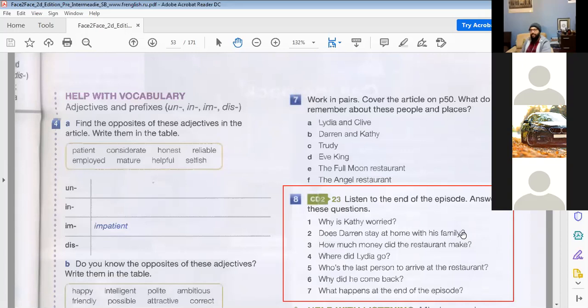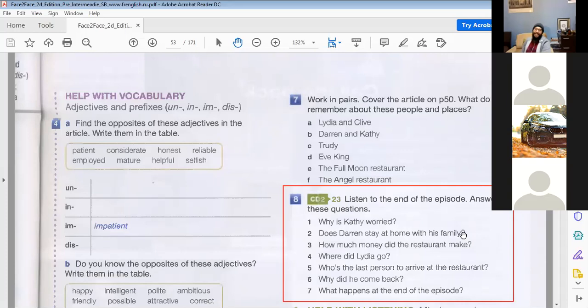So this way, her daughter is safe and she can burn the restaurant down. So this means we know where Darren got his criminal genes from. He got his criminal genes from his mother, because maybe his mother is a criminal too. Yes.